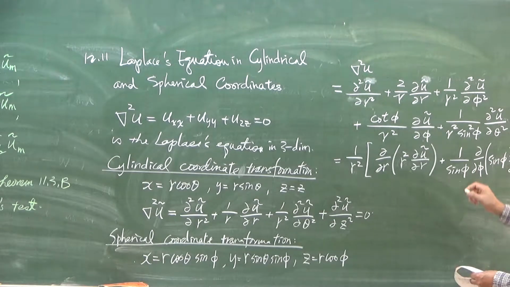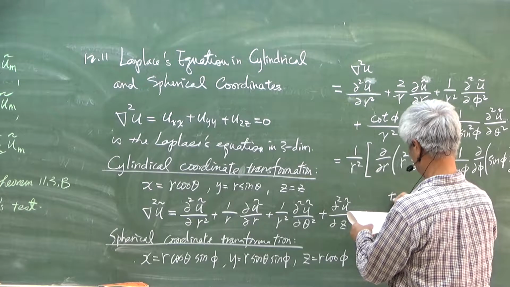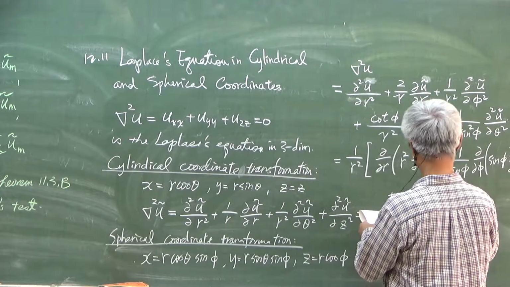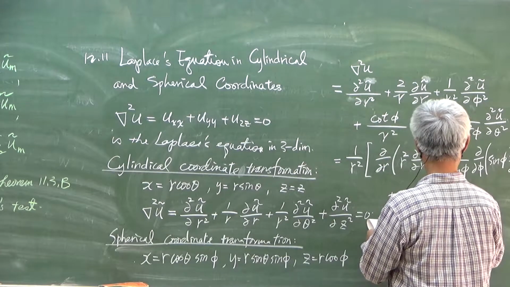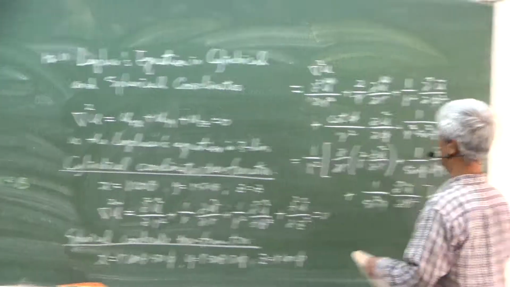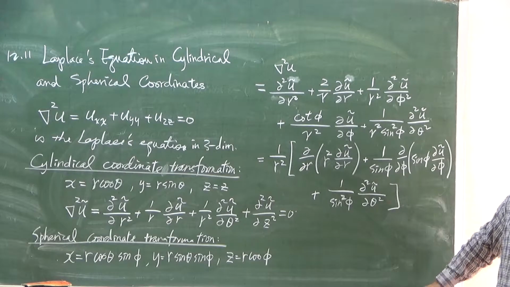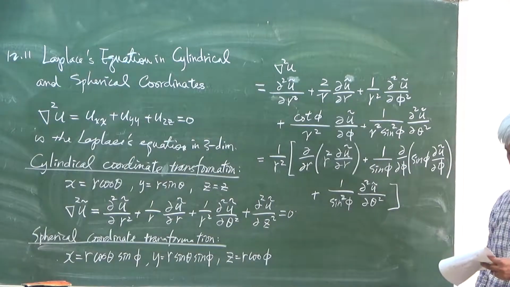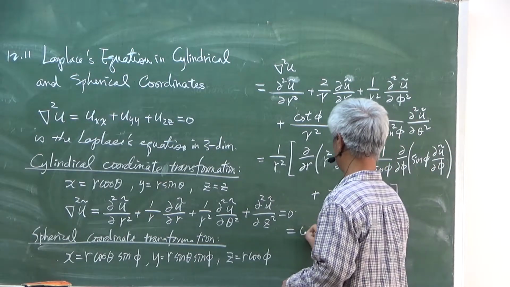Okay, so we combine these two terms together. And the last one, 1 over sine square phi times the second derivative with respect to theta. Okay, so this is a more compact expression for the Laplacian, and this is equal to 0.